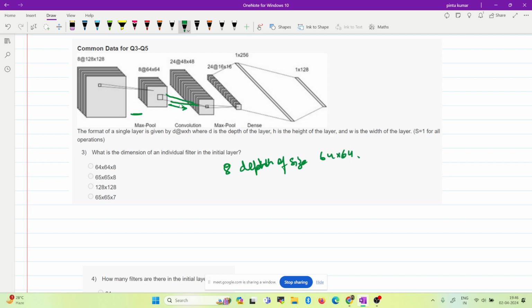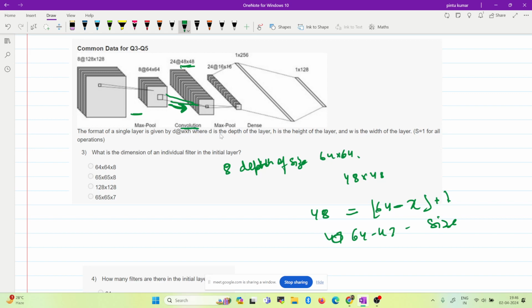From 64 cross 64 we have gone to 48 cross 48. So output is 48, input is 64 minus x. There is no padding, right? Plus 1. So we can have 47. So 64 minus 47 would be the size of the filter going from here to here, right?